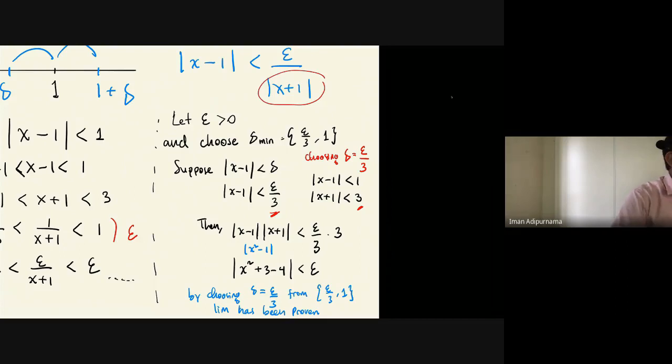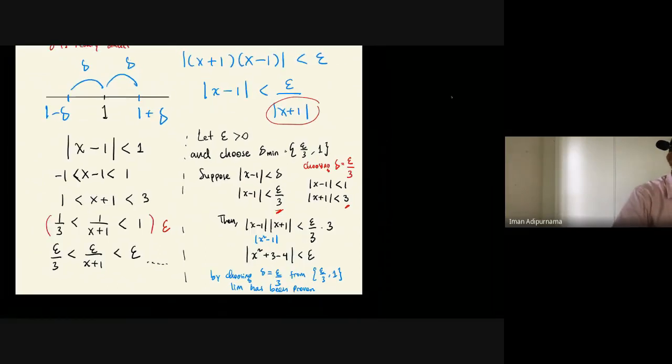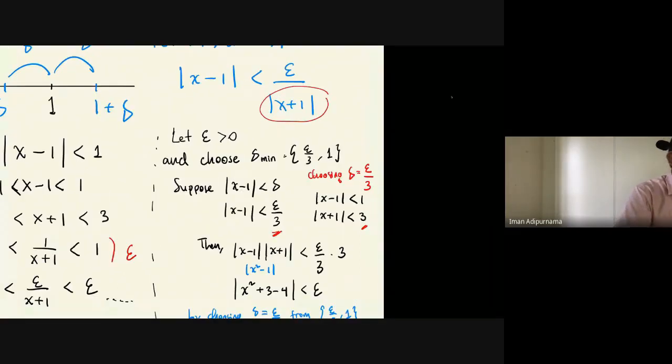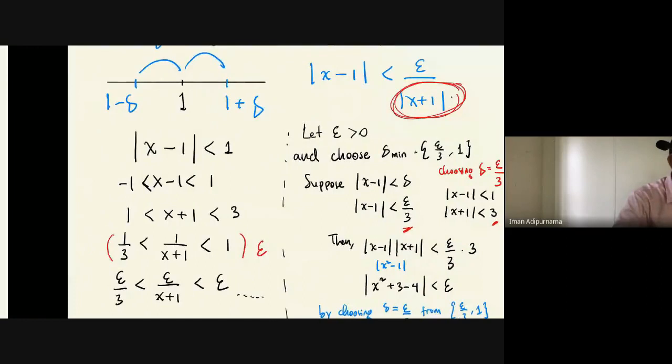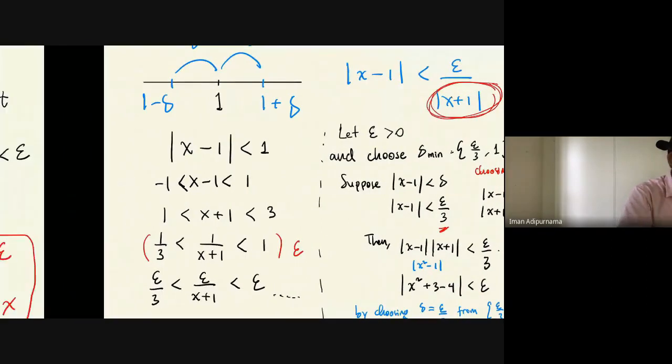So what we are doing here is we want to make sure that this x plus 1 needs to be removed. We need to find a small number. That's why I try to manipulate from the x minus 1, this one, and then try to find a relation with the x plus 1.